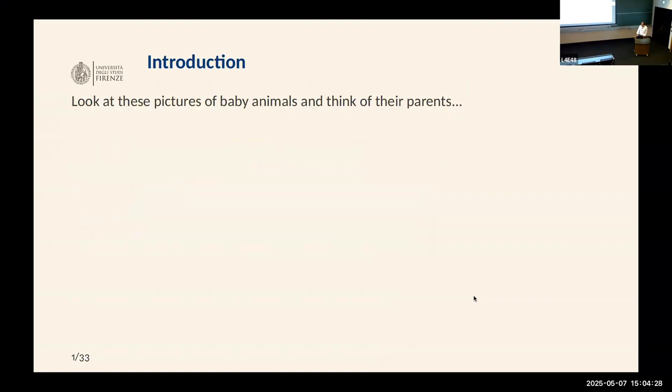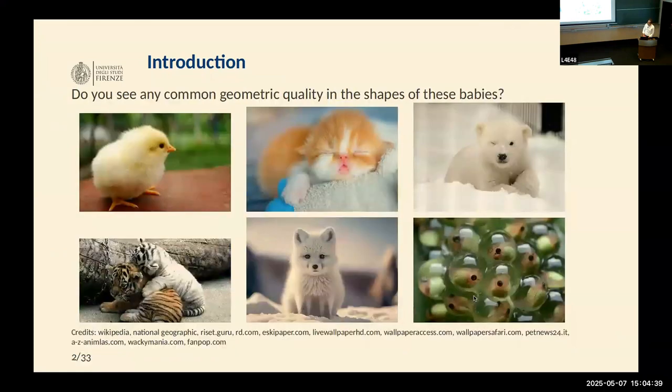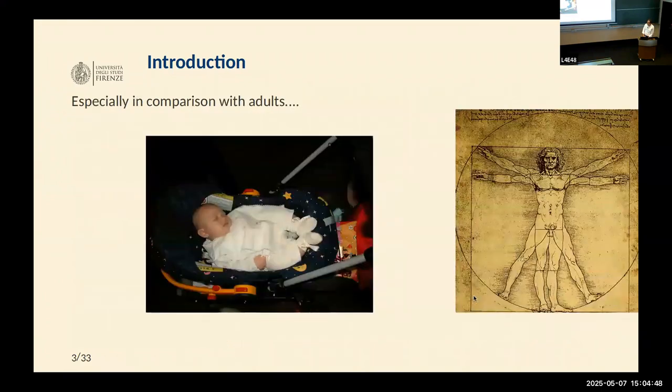with some pictures. Look at this picture of baby animals, and think of their parents. Do you see any common geometric quality in the shapes of these babies, especially with respect to their parents?